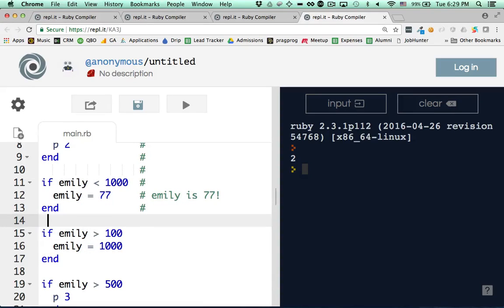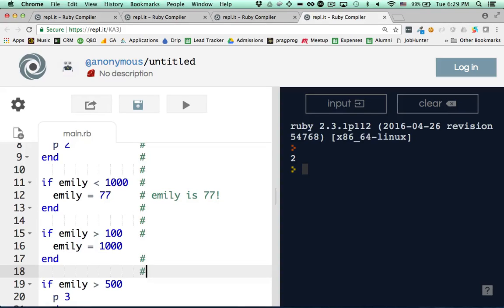We process line 14, which is blank. If Emily is greater than 100, we process that line. Do we process line 16? We do not. We skip over it because Emily is now 77, so it's not greater than 100 anymore. So we skip over 16.